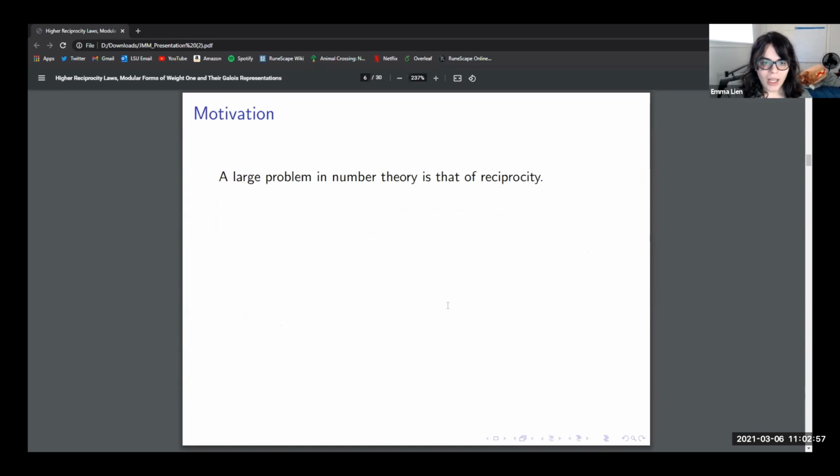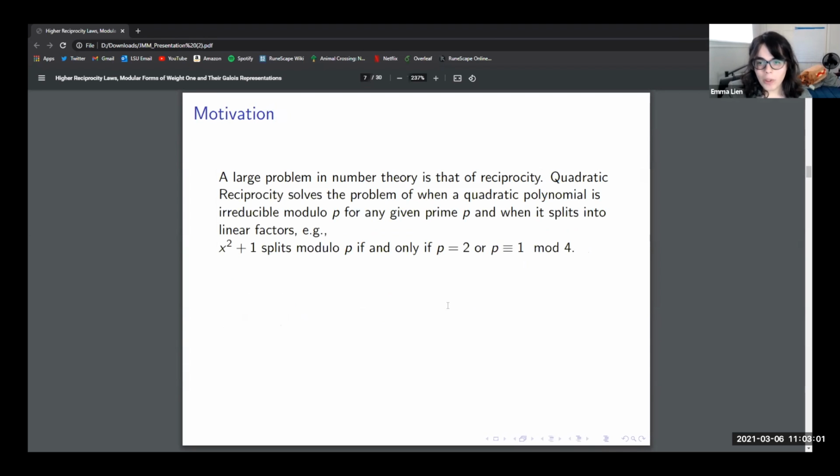So a large problem in number theory is that of reciprocity. So quadratic reciprocity essentially says that if you have a quadratic polynomial, it tells you when it's irreducible mod p for any given prime and when it splits into linear factors.